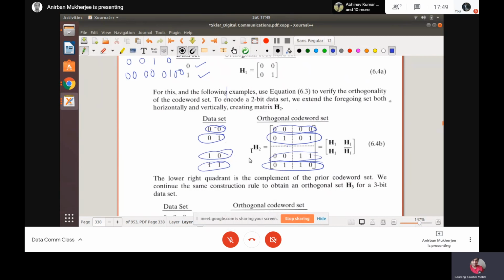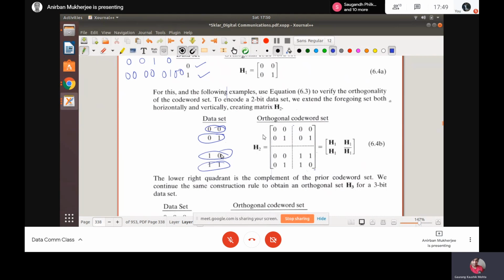So 0, 0 I will transmit by this, 0, 1 I will transmit by this, and 1, 0 I will transmit by this.